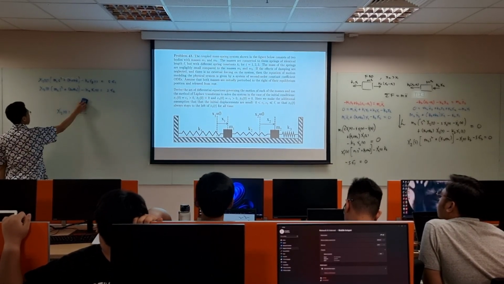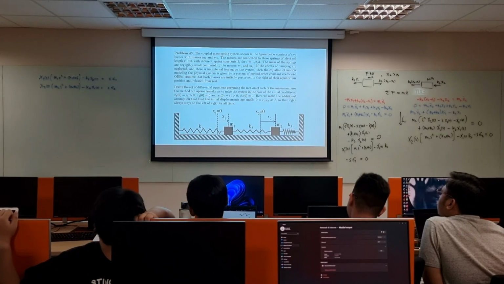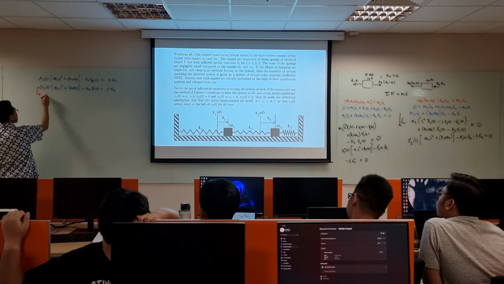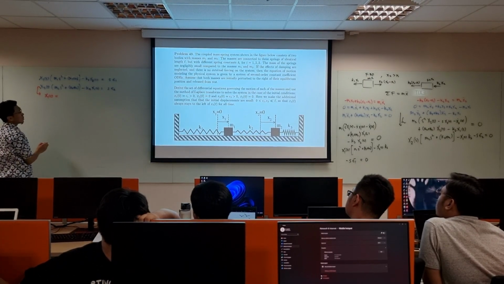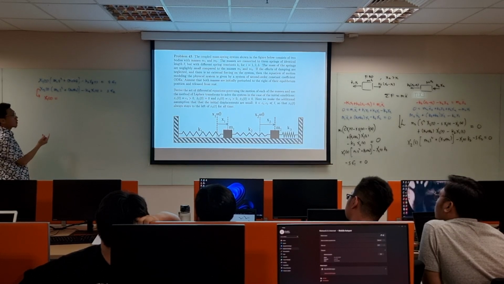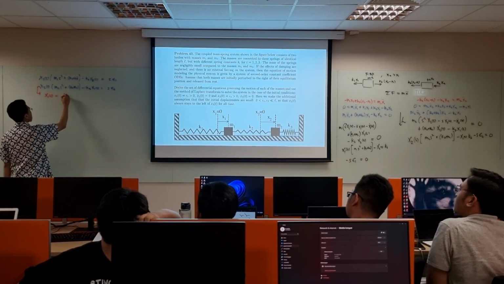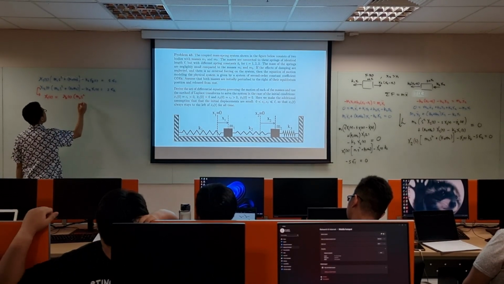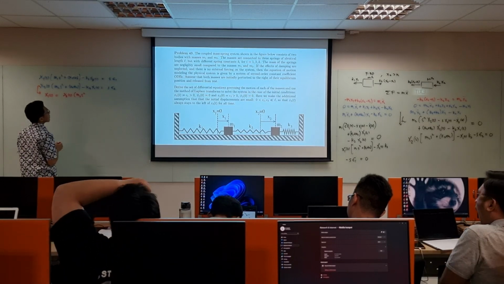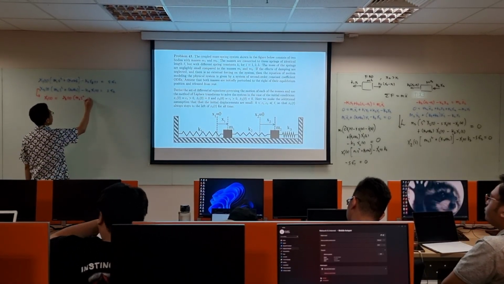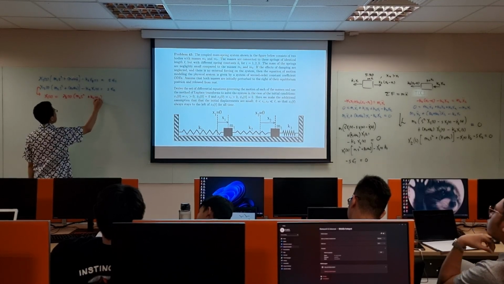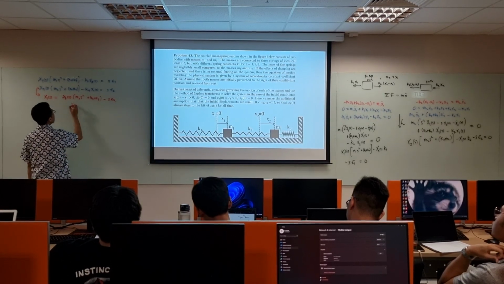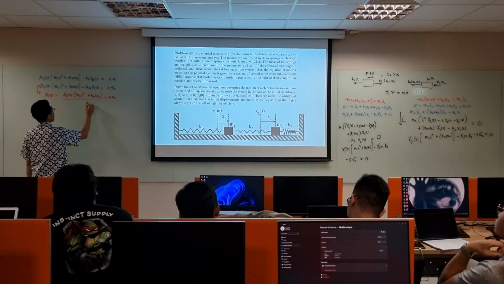So let's see. From here, what do we get? x1 of s is equal to, can you do it quickly? x1s is equal to x2s m2s squared plus k2 plus k3, and then minus s epsilon 2, you divide by k2, okay?